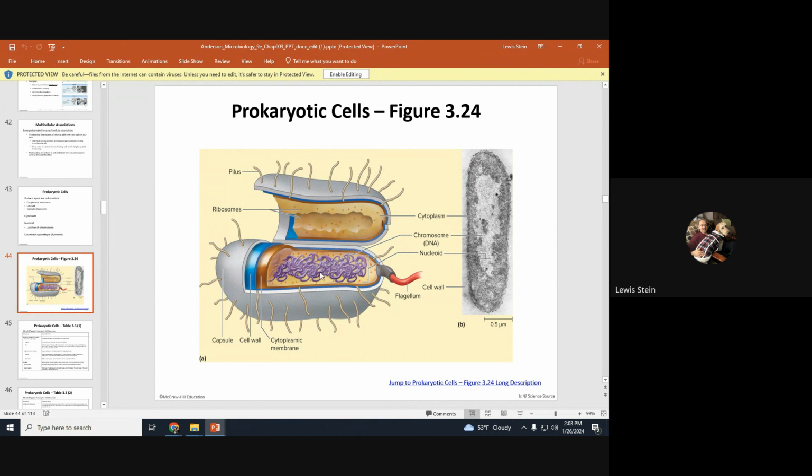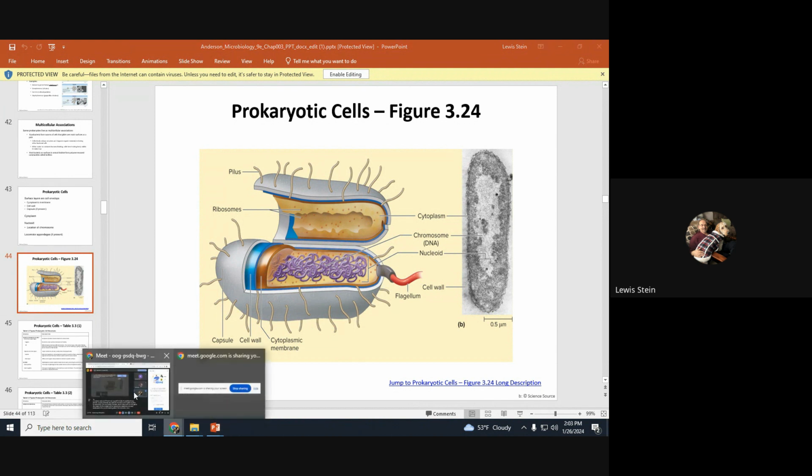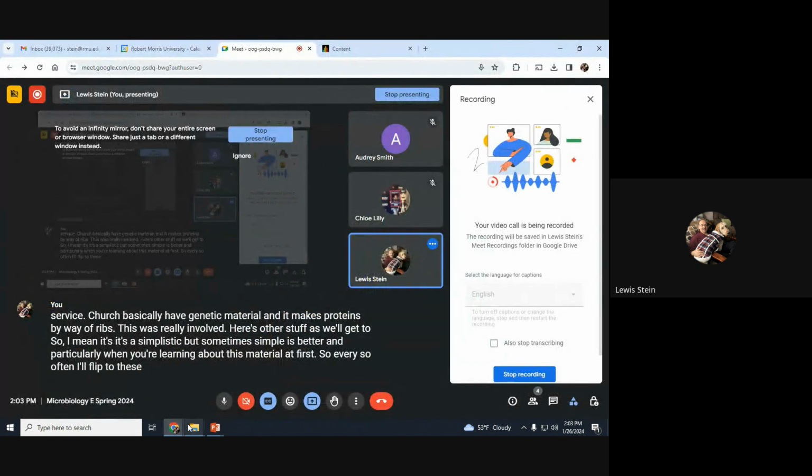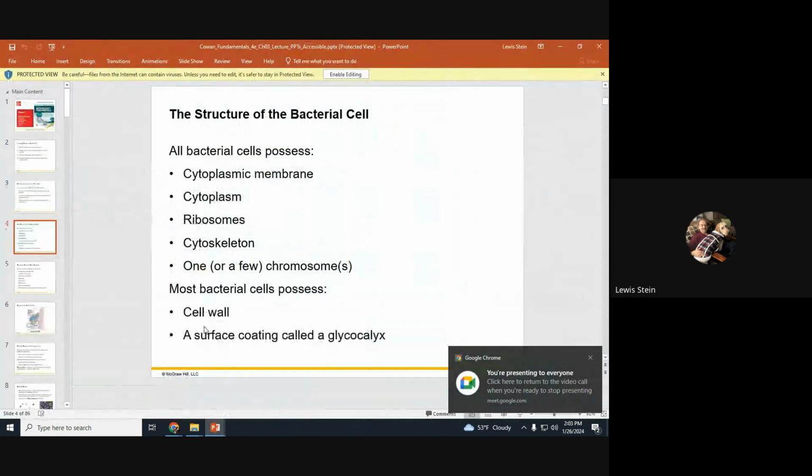So it's basically you have genetic material, and it makes proteins by way of ribosomes. This was really involved. There's other stuff, as we'll get to. So it's simplistic, but sometimes simple is better, particularly when you're learning about this material at first. So every so often I'll flip to these illustrations. That's kind of why I put them in there.